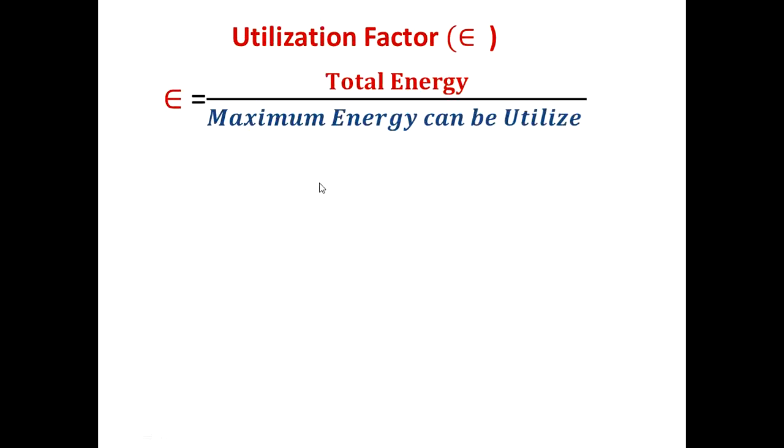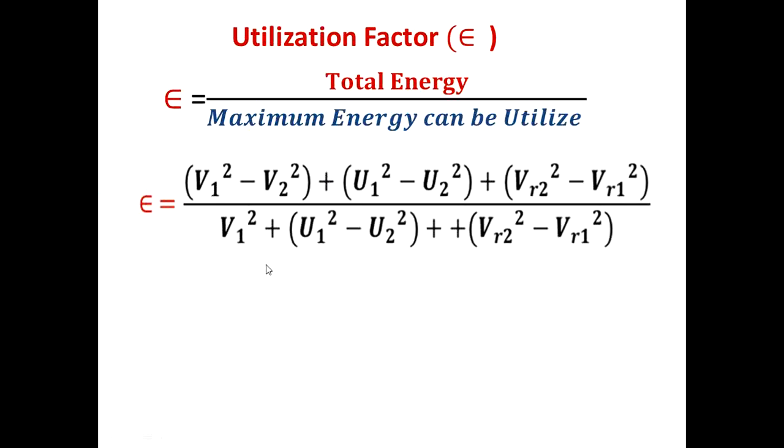For maximum utilization factor that would be 0. But if the absolute velocity at the exit of the turbine is 0, then the fluid won't come outside. That's why a minimum amount of velocity, V2, should be there with the fluid. That should be very minimum, then only you will achieve the maximum utilization factor.